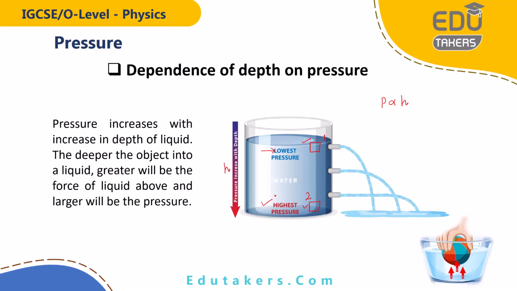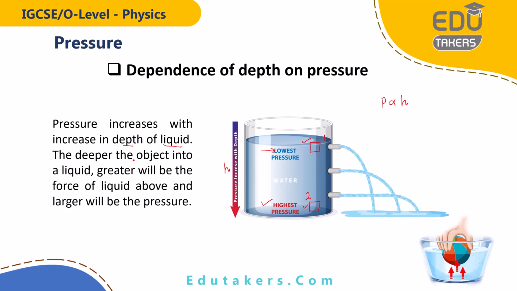It is because at the bottom the depth is larger, so the pressure is higher, and at the surface of the liquid the pressure is smaller because here the depth is small. The same thing is given here. The pressure increases with increasing the depth of the liquid. When the depth of the liquid increases, the pressure also increases.